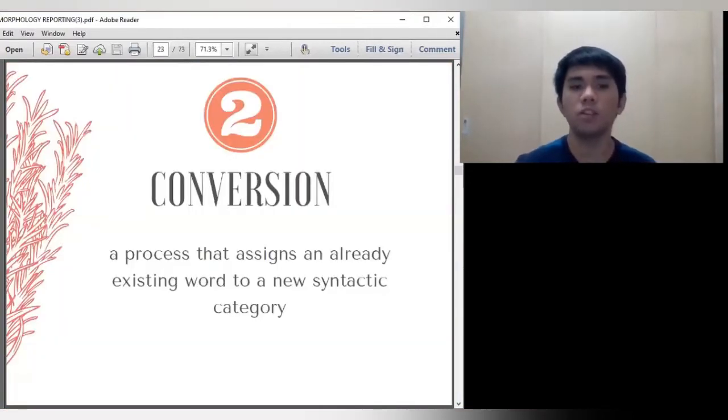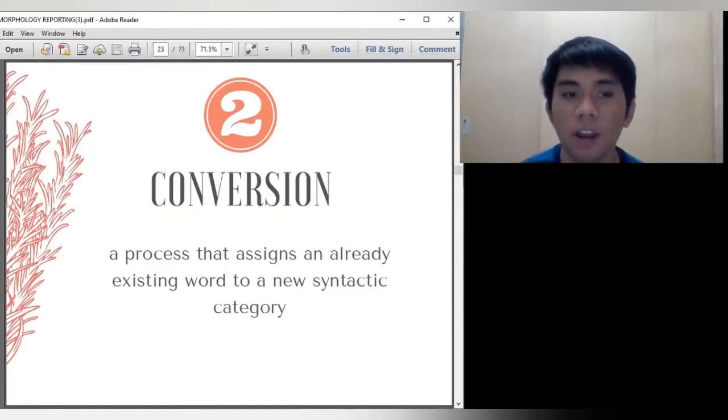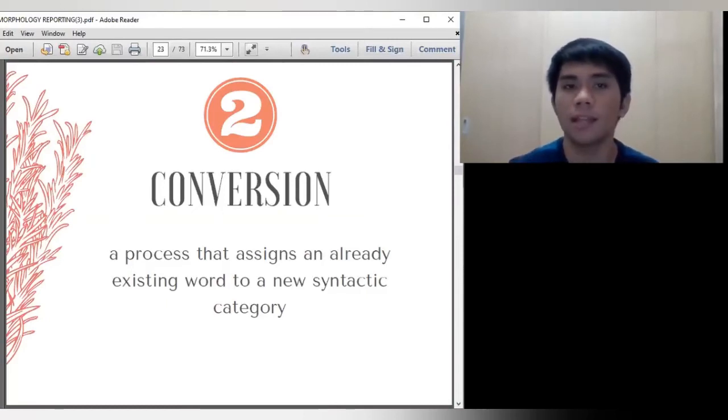Next is conversion. It's a process that assigns an already existing word to a new syntactic category. So we have words that already have established meanings, or they already belong to a certain part of speech, and then we use them in different contexts, with different meanings and with new categories or parts of speech.